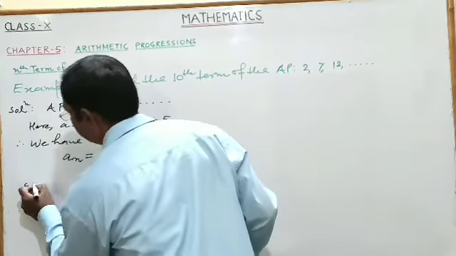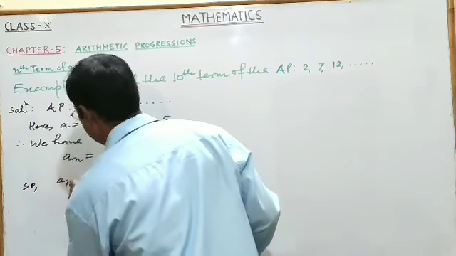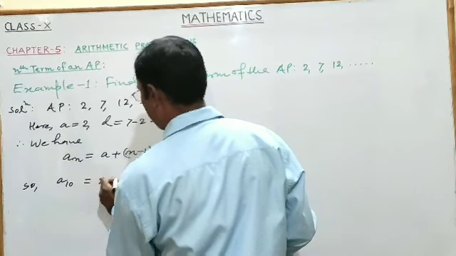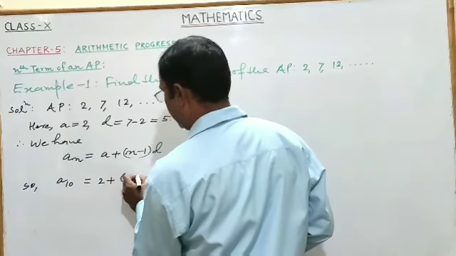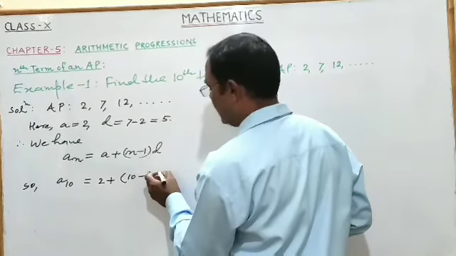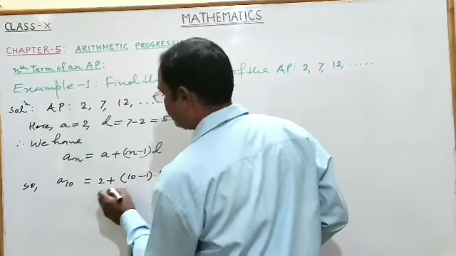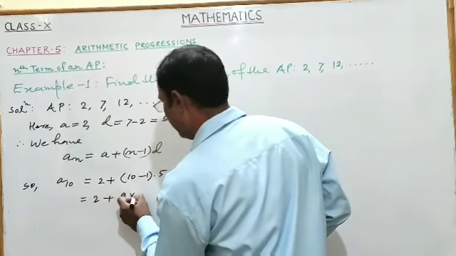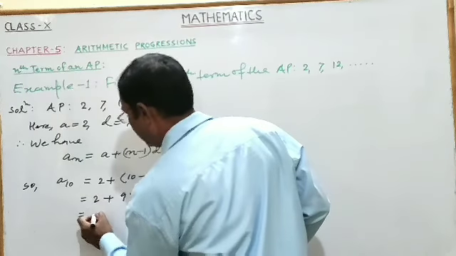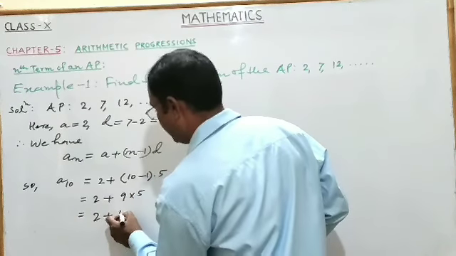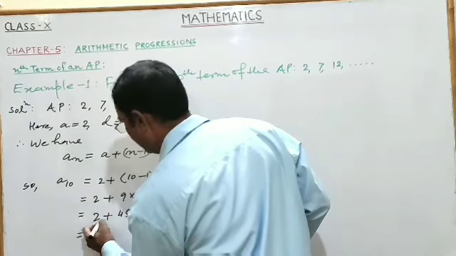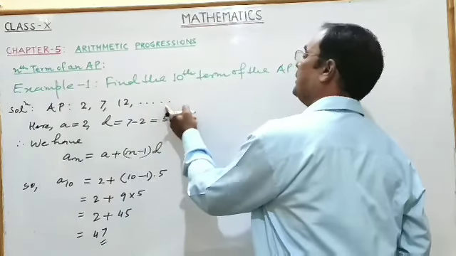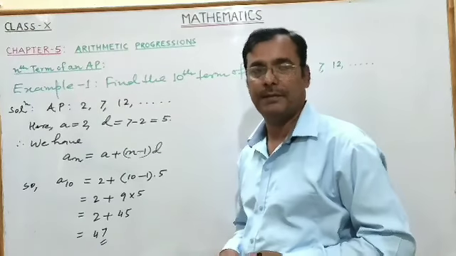So A10 is equal to first term A is 2 plus n is 10 minus 1 into D is 5. So 2 plus 10 minus 1, 9, into 5. So this is 2 plus 9 fives, 45. 2 plus 45, 47. So 10th term of this AP is 47.